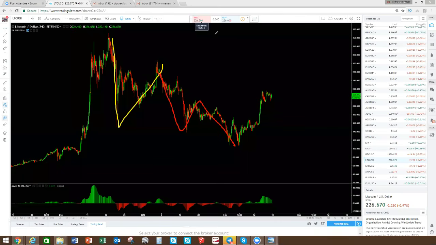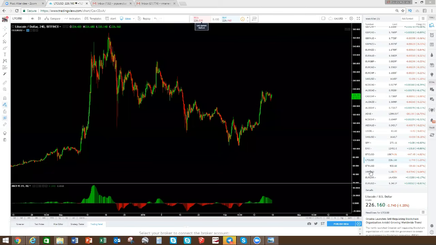Higher degree is the yellow, giving you a WXY. And then right after that, you get a reversal there. And you're getting another correction there. So when it breaks to the upside, you can buy again. Okay, that's Litecoin.